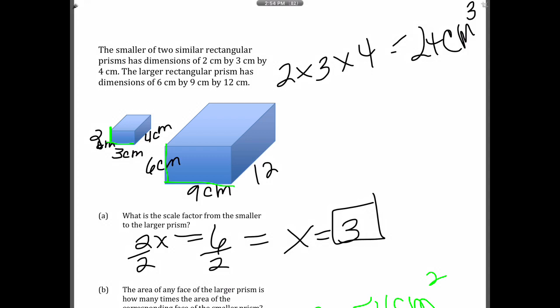And for the larger prism, we have 6 times 9 times 12, which ends up being 648 cubic centimeters.